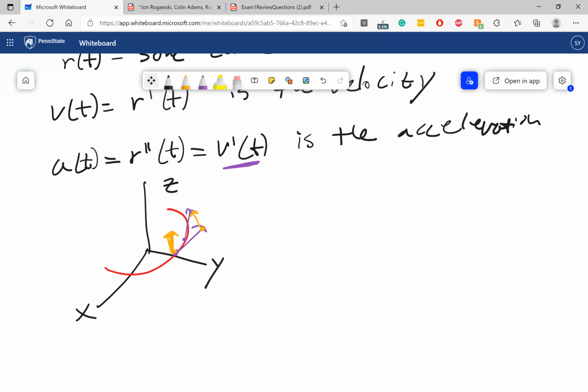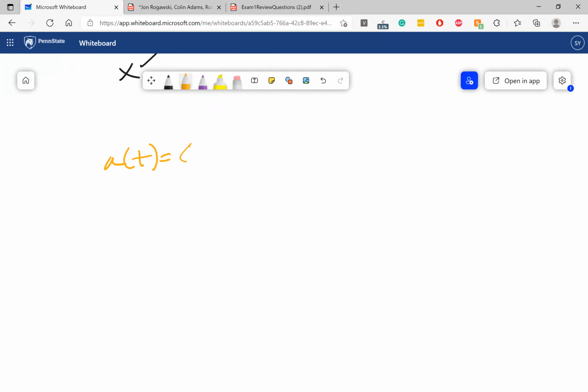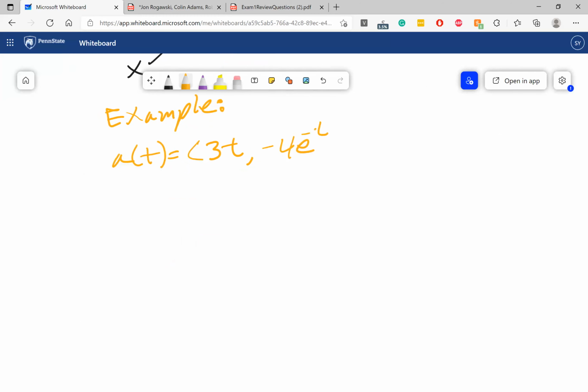And that is, if you're given an object's acceleration, so you're told that the acceleration of this object is given in the form, and this is an example, 3t, negative 4e to the negative t, and 12t squared.